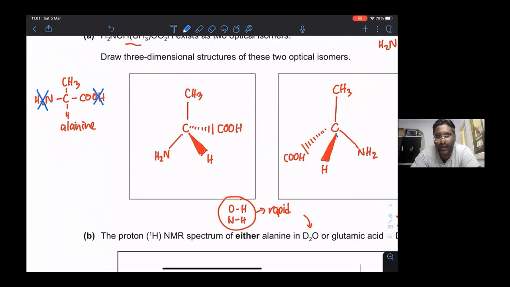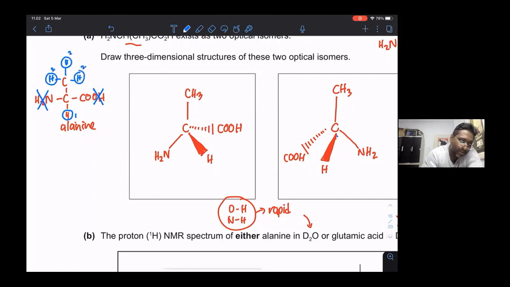So no point in identifying that. But I know that this is going to be one environment, and then the CH3, each of these hydrogens will be one environment, but they are the same. So this hydrogen, this hydrogen, this hydrogen, they are the same environment. So there are a total of 2 hydrogen environments in alanine.